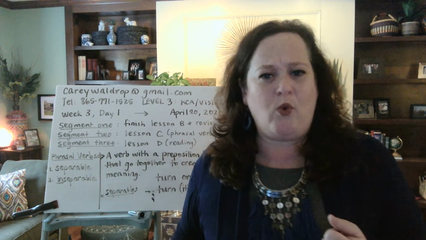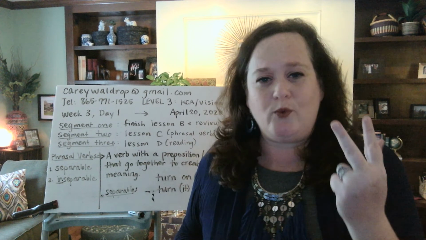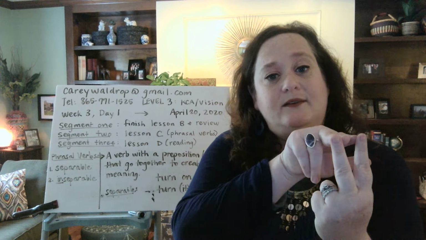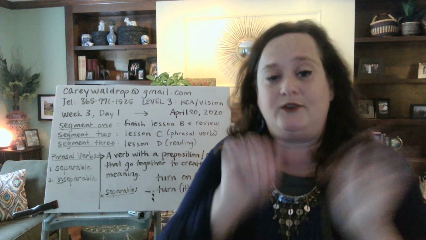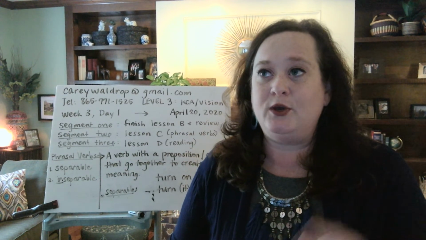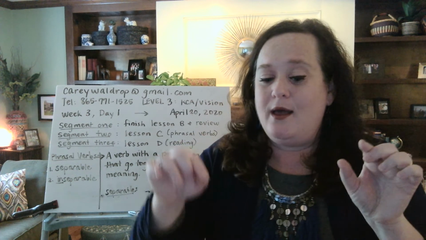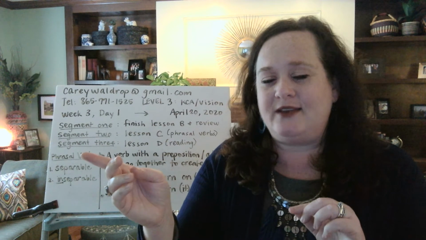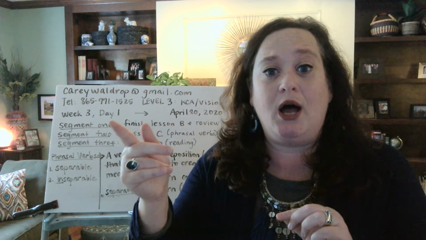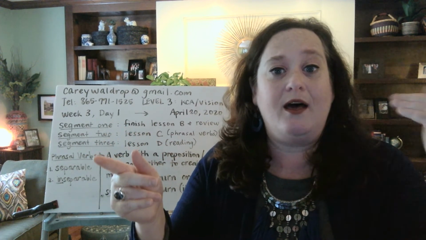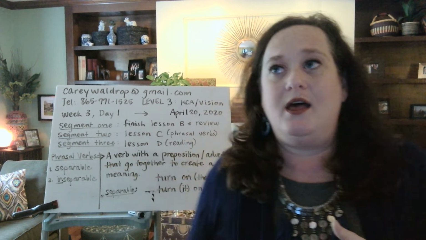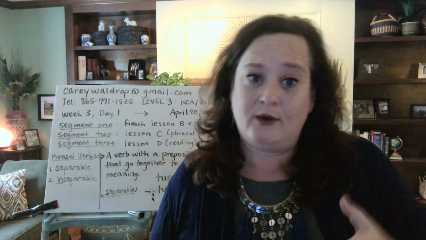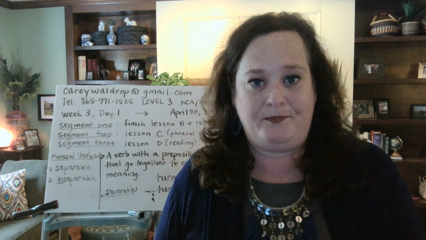Since they are two words that usually go together, separable means we can separate the two words, usually by moving the object. If I notice the example I gave, turn on what? Turn on the light. The light is an object. It goes after the verb.